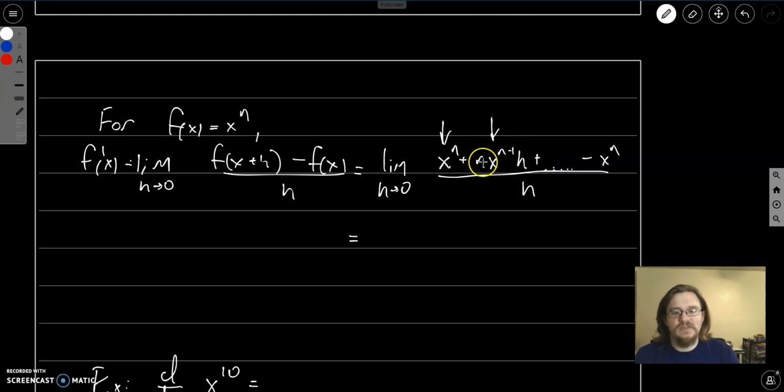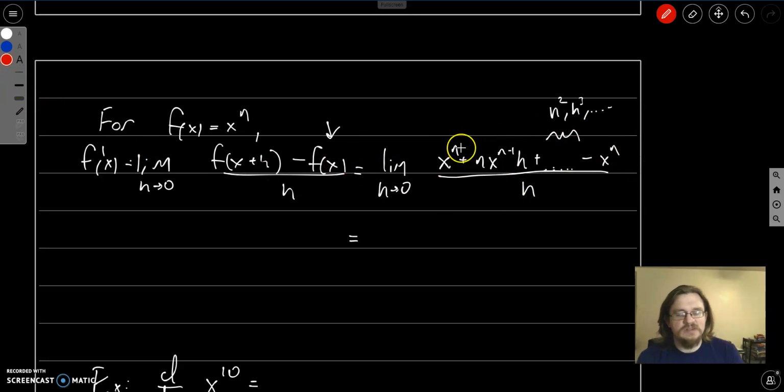The next term had that power out front, x raised to the 1 fewer power, and an h. And then all of these terms in here have at least an h squared, or an h cubed, and so on and so forth. And then finally, we've got the f of x, which is the minus x to the n.